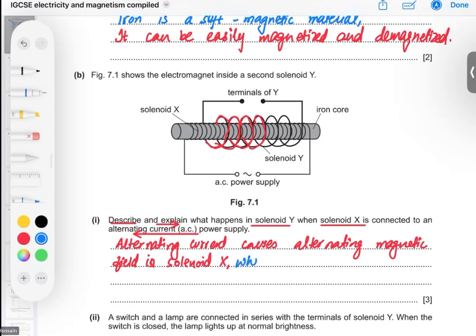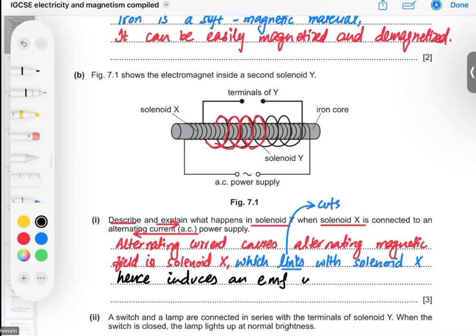Which links with solenoid Y, or instead of link, you can use the word cuts, and hence induces an EMF in solenoid Y.